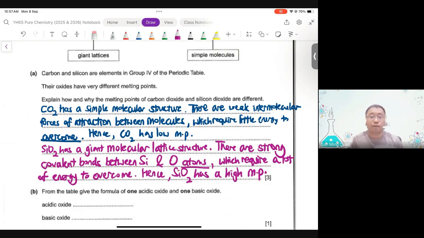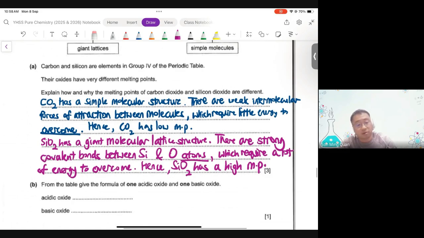This is always the format of explaining physical properties like melting point, boiling point, electrical conductivity. You must write the name of the structures first to anchor your thinking. Then you realize part B, they wanted you to give a formula of one acidic oxide and one basic oxide from the table. So this is under chapter 8, acids and bases, where you learn the types of oxides.